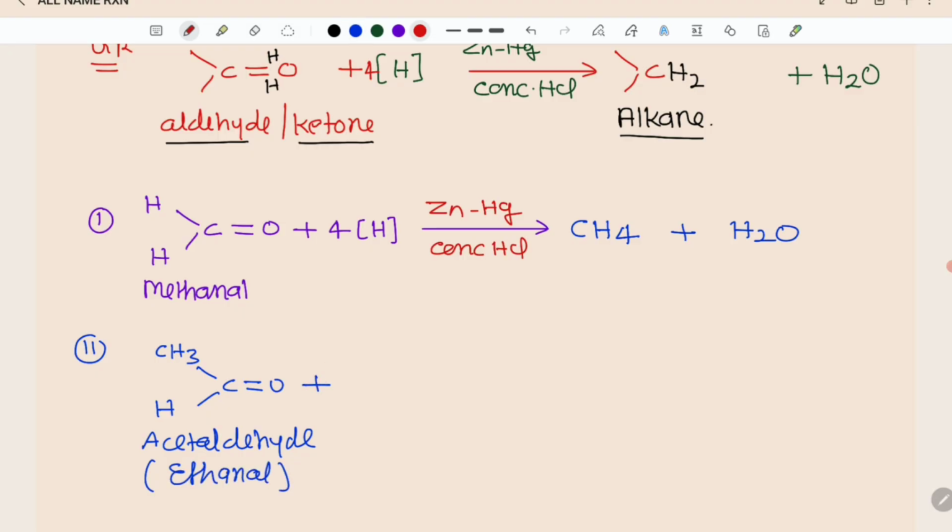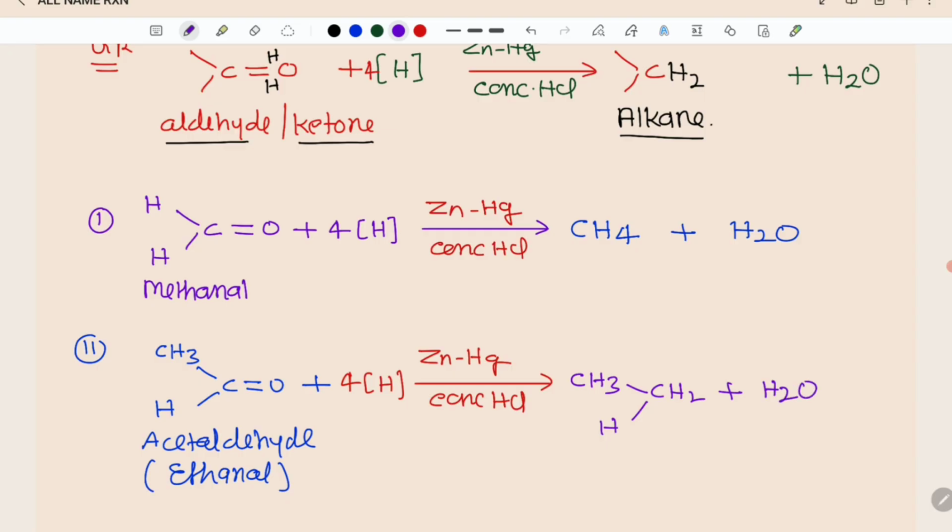There is a need of 4 hydrogen atoms, and this reaction takes place in the presence of zinc amalgam and concentrated HCl. The aldehyde has 2 carbons, so the alkane we get is CH3CH3 plus H2O.